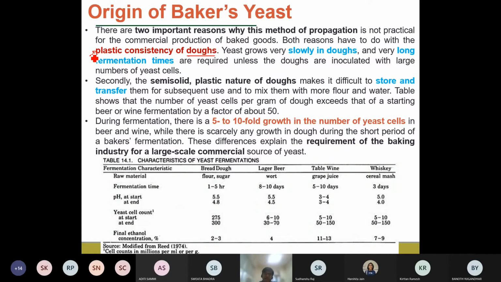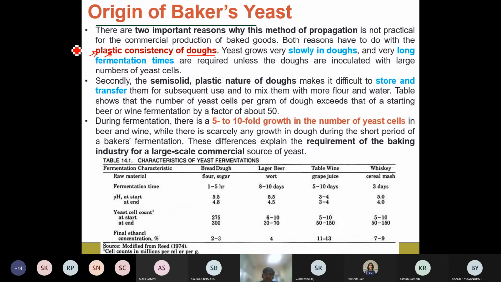It is like a very thick solid-like paste which can be easily molded. Plastic-like nature means it can easily be transformed into any shape or structure.